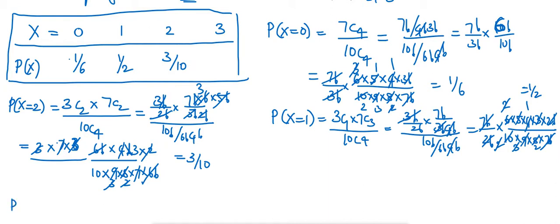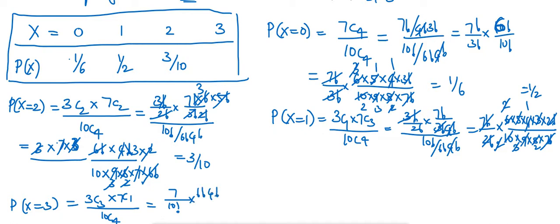Then we take probability of X equal to 3. That is 3 defectives and 1 good item. That is 3C3 into 7C1 by 10C4. 3C3 is equal to 1, and 7C1 is 7, by 10 factorial by 6 factorial into 4 factorial. 10 factorial can be written as 10 into 9 into 8 into 7 into 6 factorial.